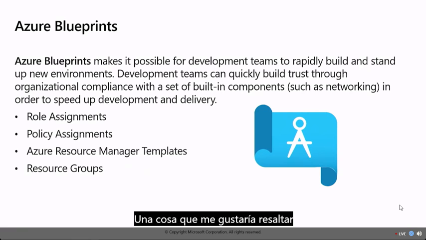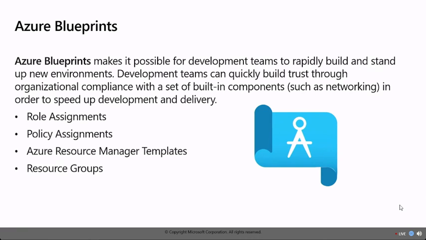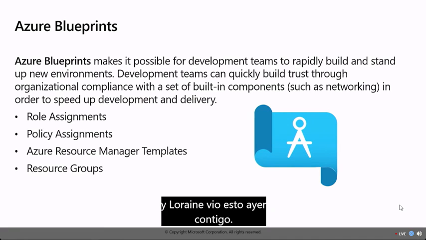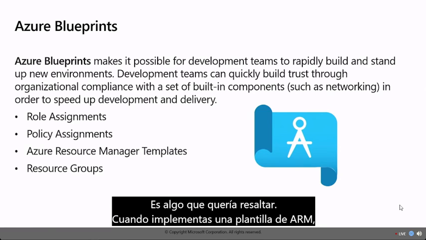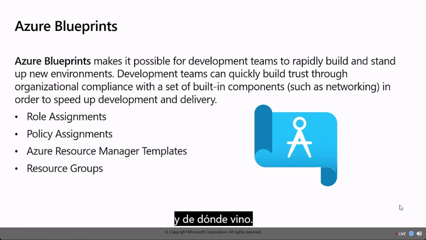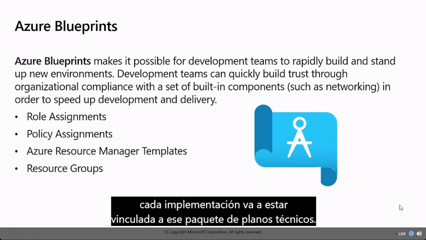One thing I want to point out is Azure Blueprints are a little bit different from your Azure Resource Manager templates. And Lorraine took a look at those yesterday with you. So when you deploy an ARM template, there's no relationship between the deployed resource and where it came from. But with the Azure Blueprint, every deployment is going to be tied to that blueprint package.